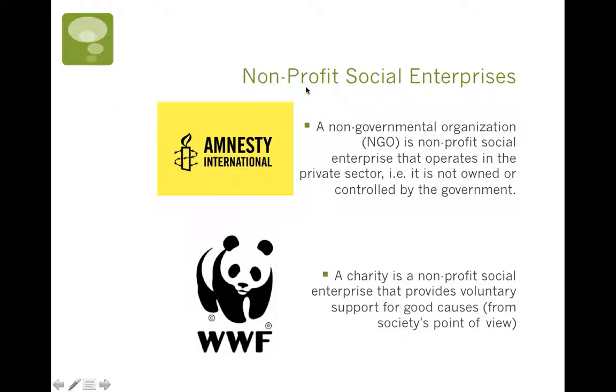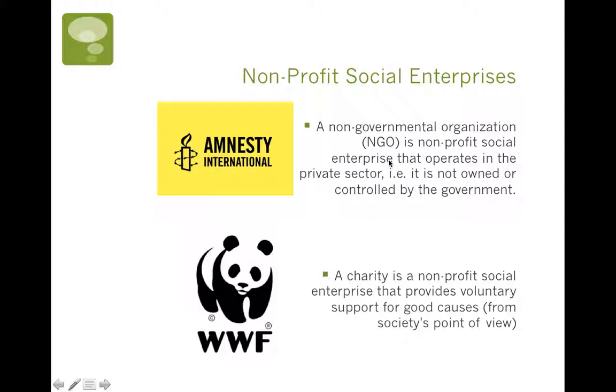Then we have non-profit social enterprises. So non-profit social enterprises, their purpose is not to make a profit. Okay, the money that they make goes specifically to their objectives, to their causes. You have two types: non-governmental organisations, shortened to NGOs, and charities.